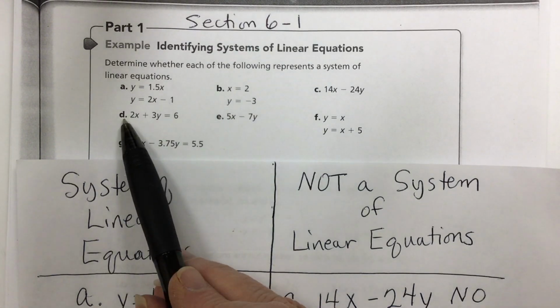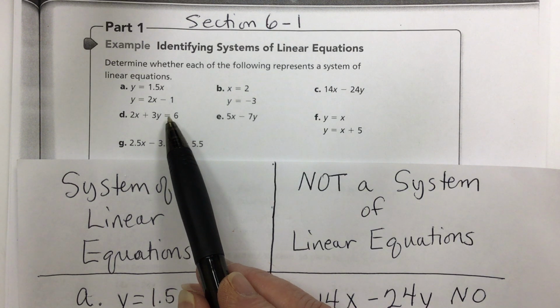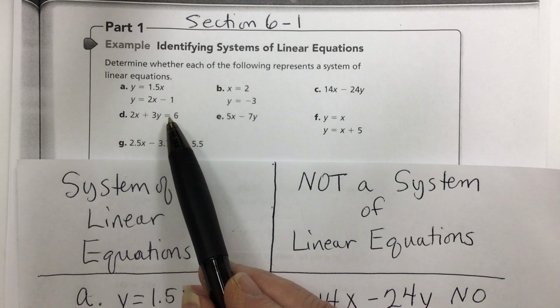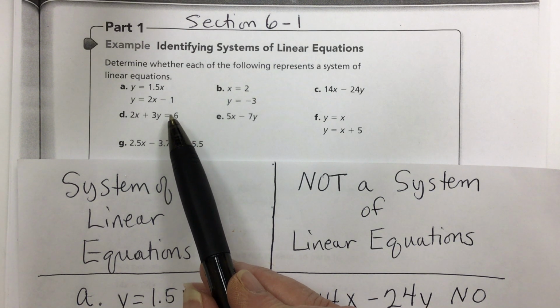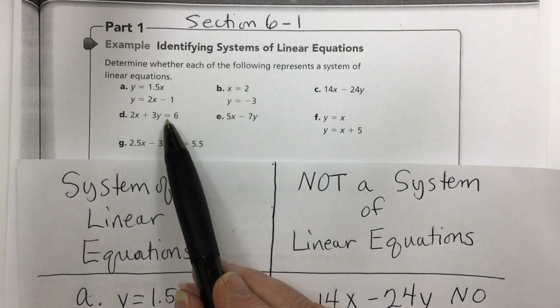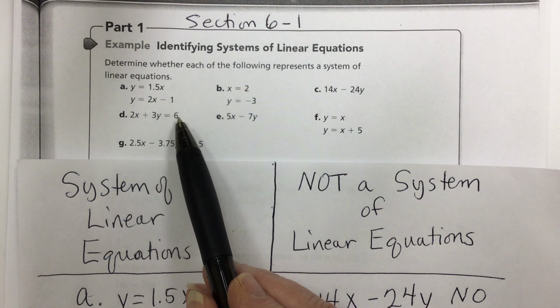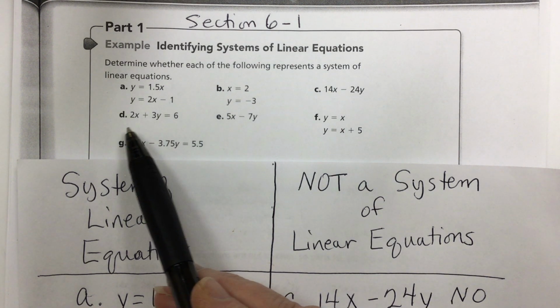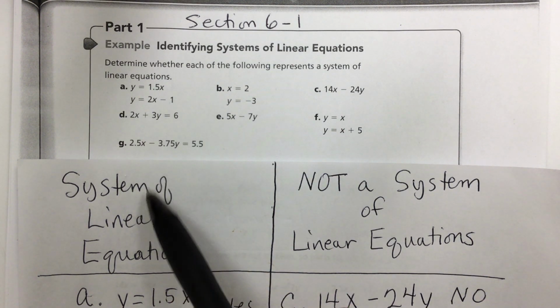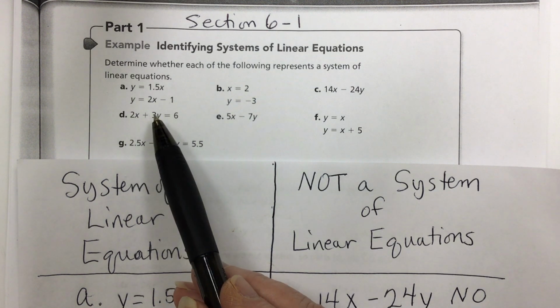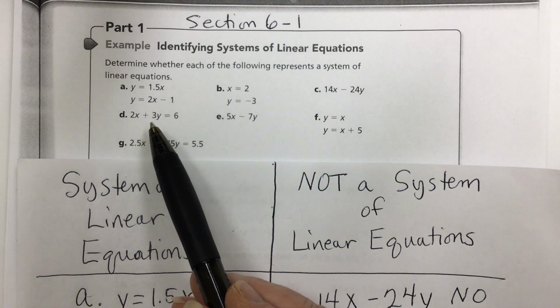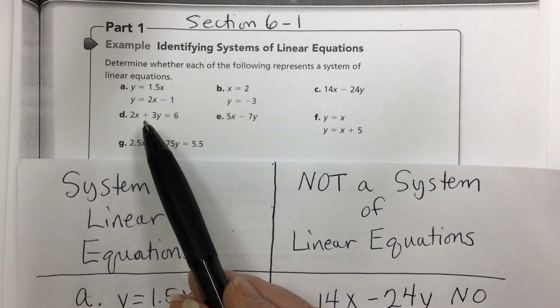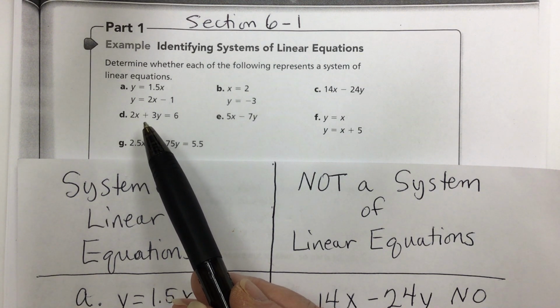Looking at D. Is this an equation? Yes. Is it a linear equation? Yes, it's an equation because it has an equal sign, with terms on the left and terms on the right. It is a linear equation because both the x and the y are raised to the first power. Now, if the x and the y are on the same side, they either have to be added or subtracted, and mine are.